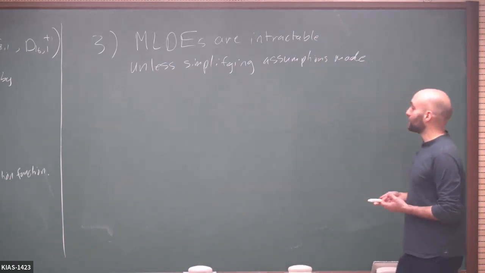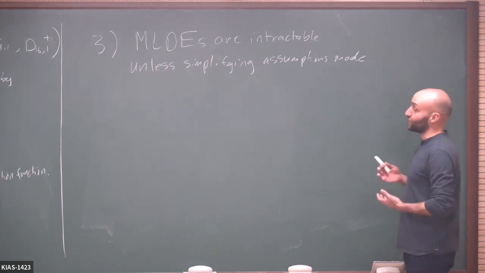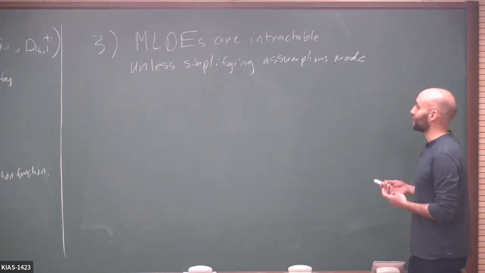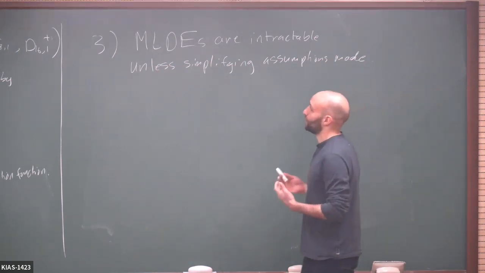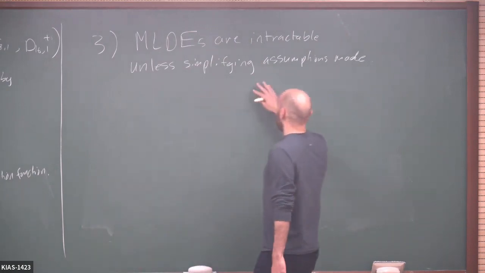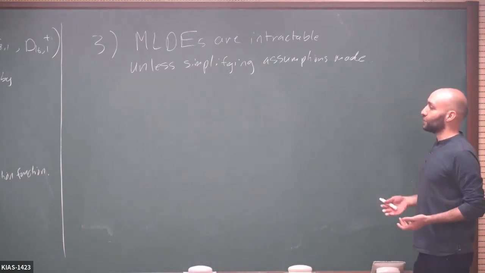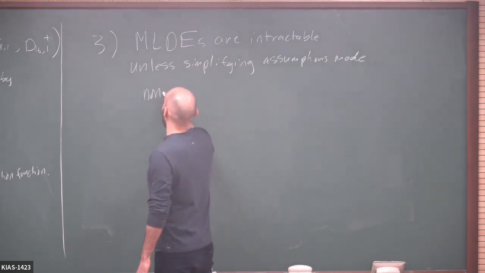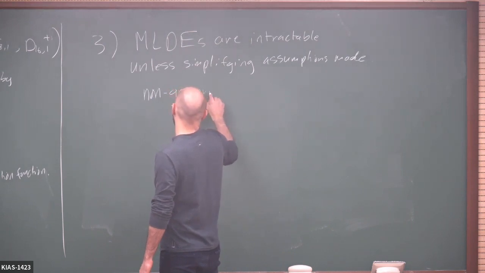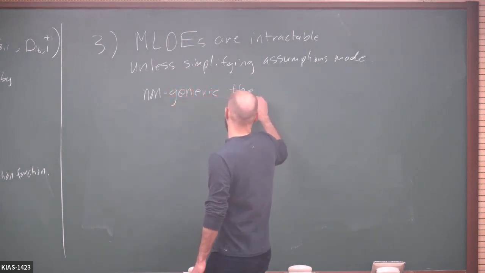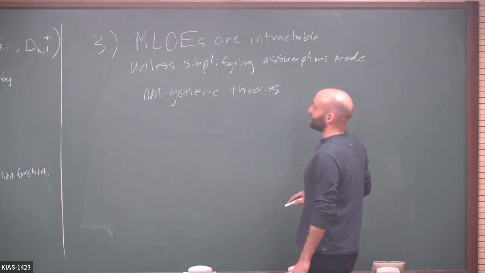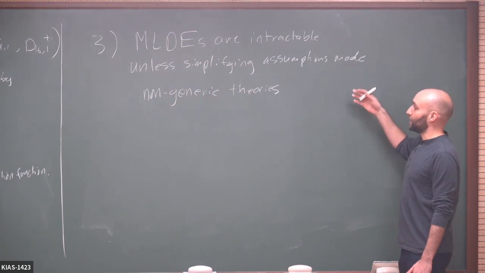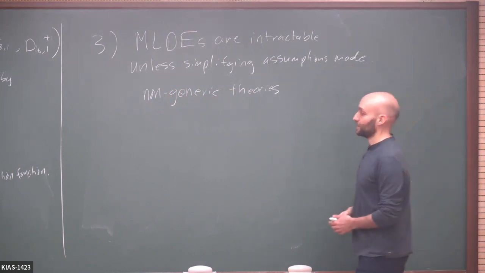And physically that corresponds to the statement that the sum of the dimensions of the primary operators has to be as large as it possibly can be given its central charge, which you might call extremal. So in particular, making these simplifying assumptions restricts you to a very non-generic sublocus of theory space. And as we'll see later, most theories that we'll find in our classification are invisible to MLDEs with low Wronskian index.